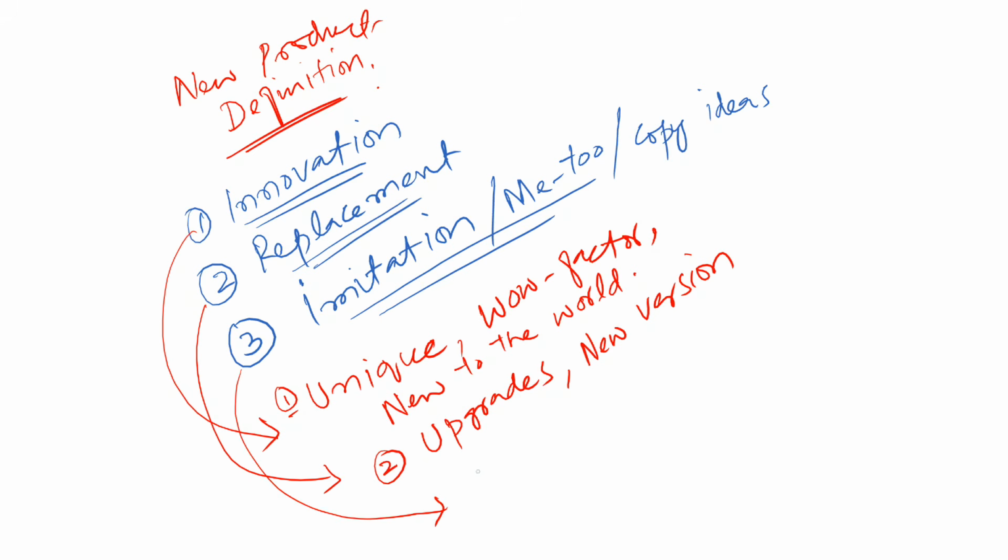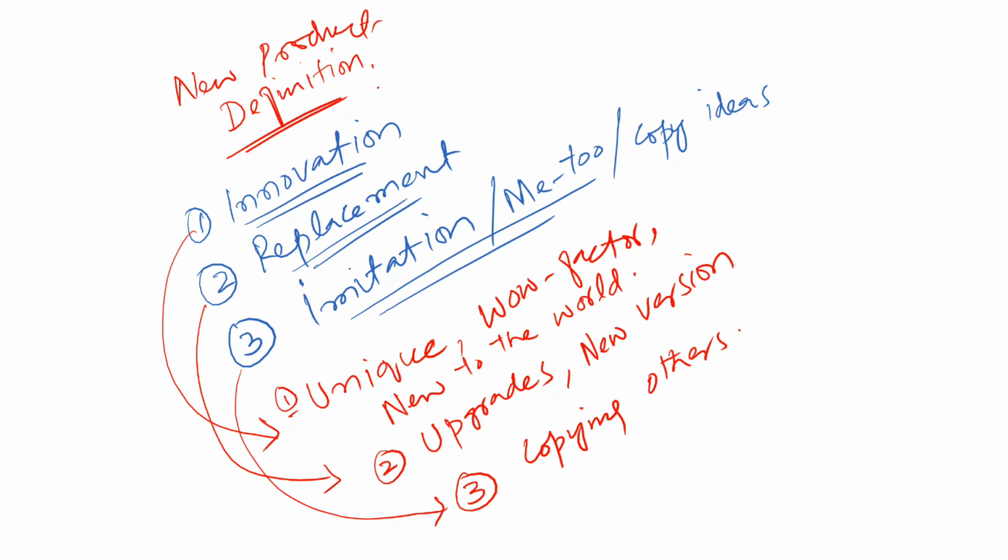Then we have the third one, which is the imitation. Imitation is the least favorite category in businesses, in terms of ethics as well, because there is a lot of criticism on this one because you're copying. So it is a copy product, copying others.